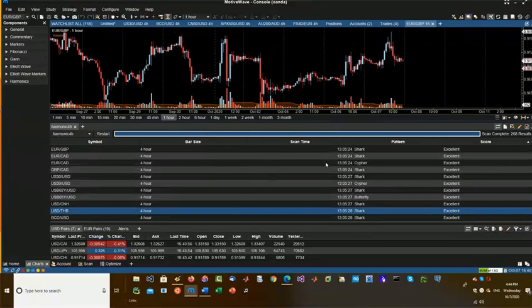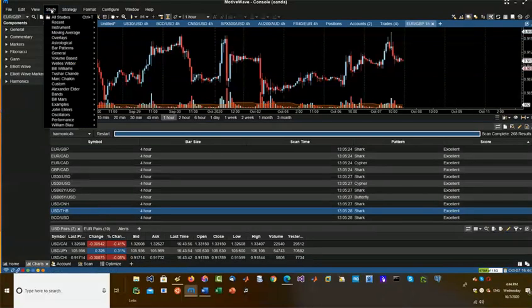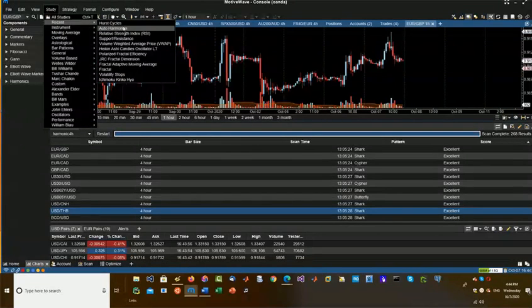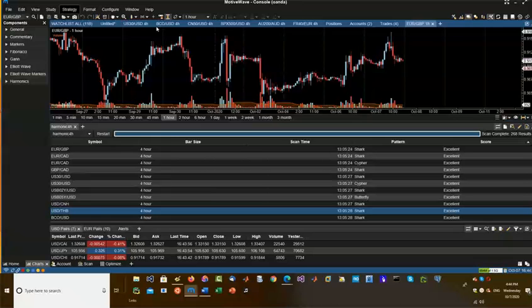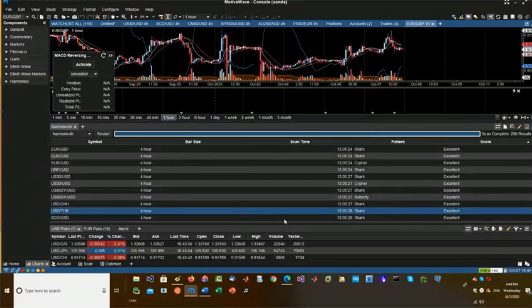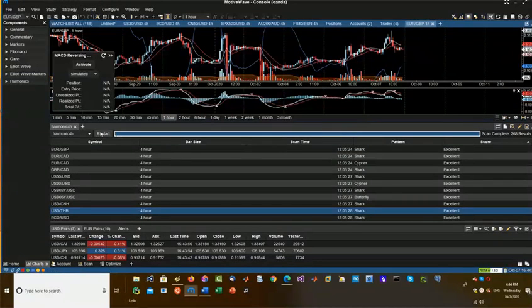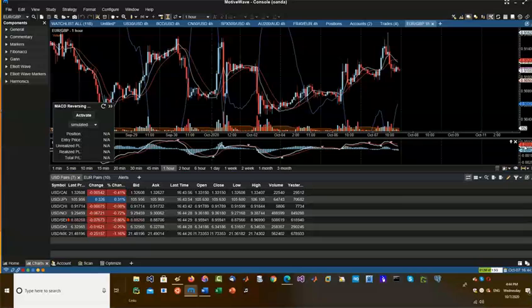So I shall apply the MACD reversing strategy. Boom. Like I said, I'm going to keep it easy. I like to keep stuff real easy at the beginning, not have to tweak it, because I'll never get to where I want to go. So we have that, activate that. That's for the Euro, GBP.